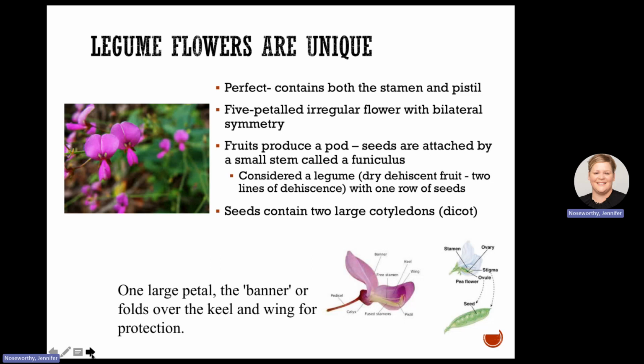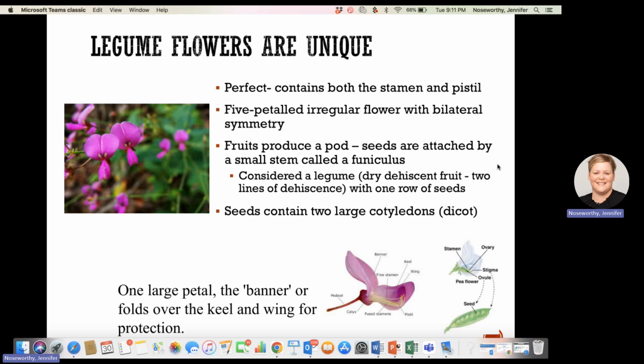The other thing to note is it may be something that you've never noticed before, but pea flowers are slightly different in that they have this large petal in the back called the banner, and then the keel, it folds over the keel and the wing for protection. So it's kind of like a clamshell. Like two halves close together, and then they kind of fold open for pollination.